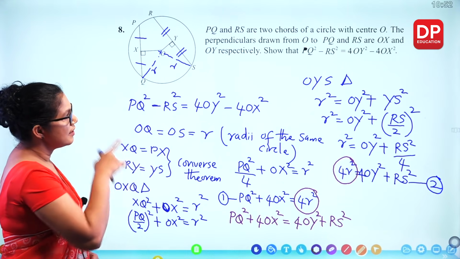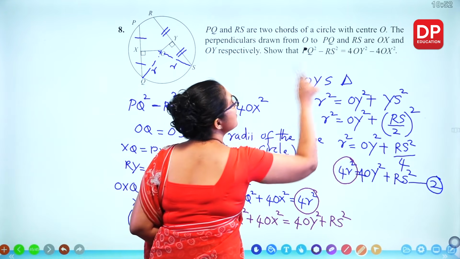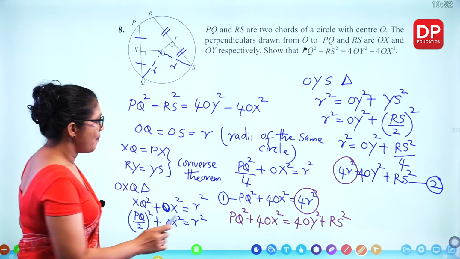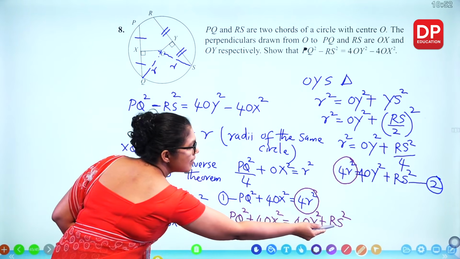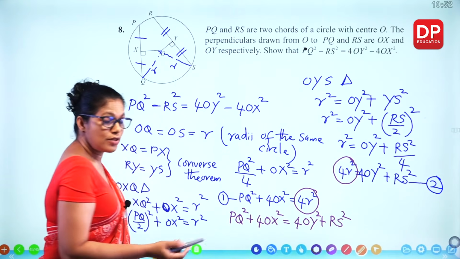Now look at the given one that you have to show. PQ squared is there here. We can take RS squared to this side.